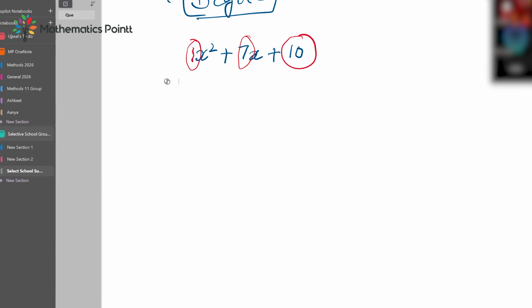So the technique to factorize this is that you multiply the first and the last numbers, as in the coefficient of the x square, which is 1, and the constant term, which is the 10. So 1 times 10 is 10. Mark this as product. I say P, product.